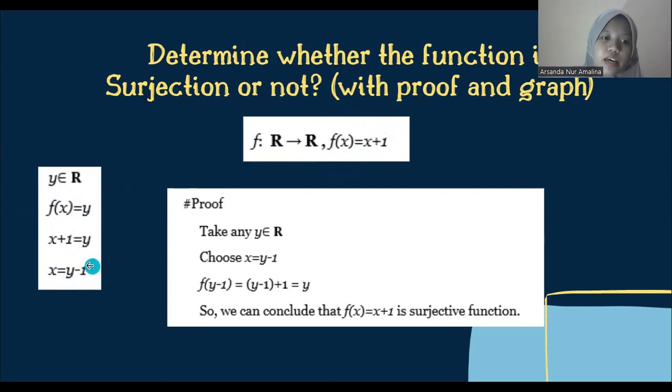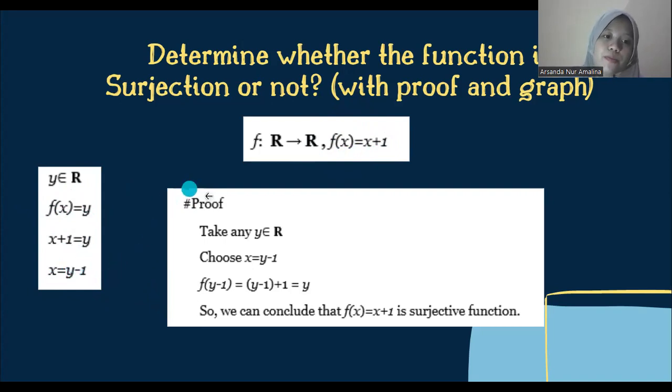It means that if we have an arbitrary element y in the codomain, there is y minus 1 in the domain that maps to y.